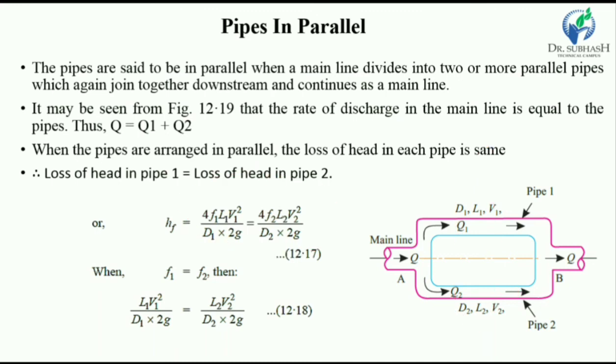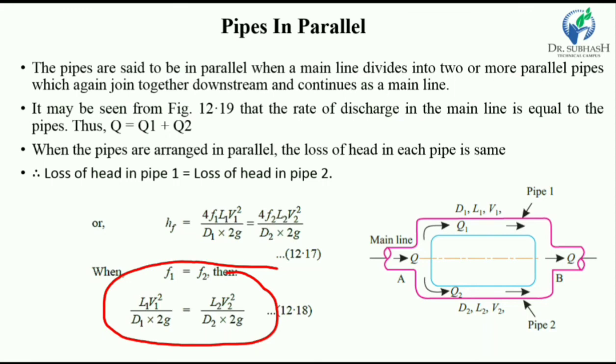Now the friction coefficient is the same if the pipe material is the same, so f1 is equal to f2 and they cancel. The 4 cancels, g and g cancel. Now finally we get the equation.